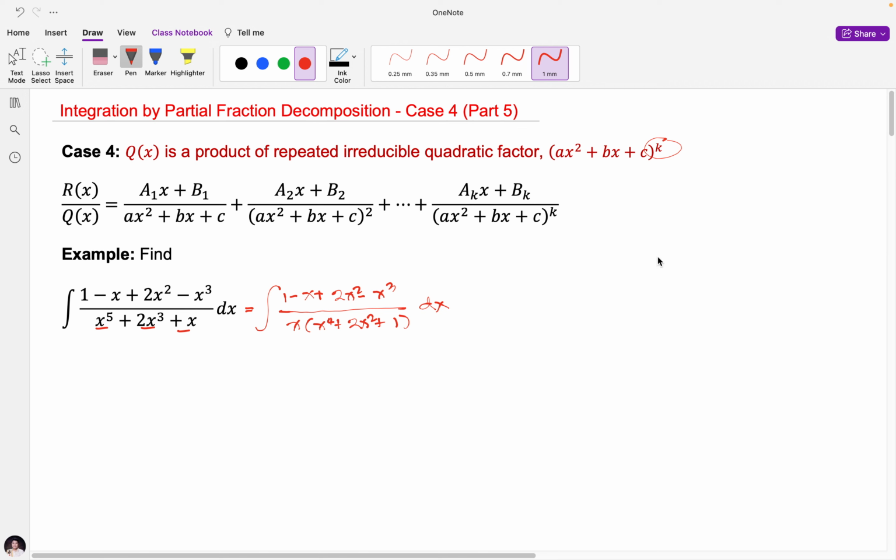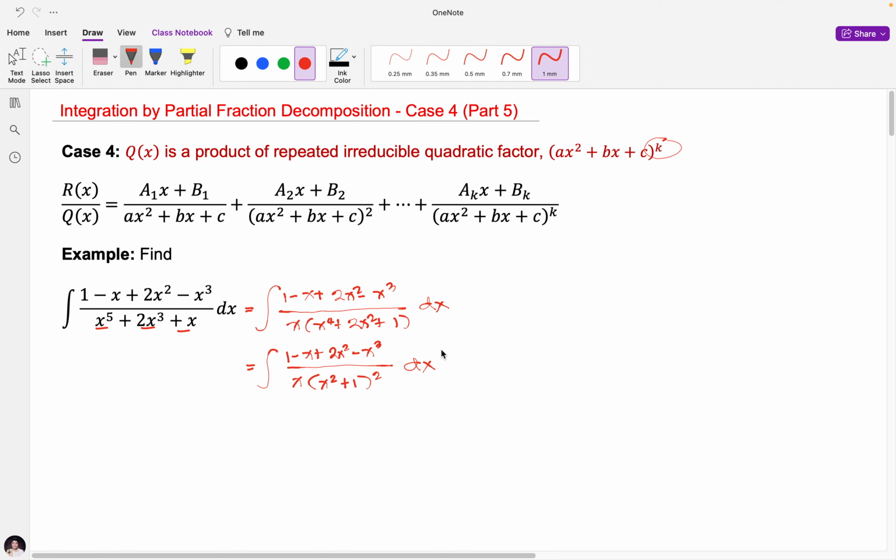So from that, observe that x raised to 4 plus 2x squared plus 1 is actually a perfect square. And that could be written as the integral of, copy lang muna natin yung numerator, minus x cubed all over x times, so this one can be factored as x squared plus 1 squared.